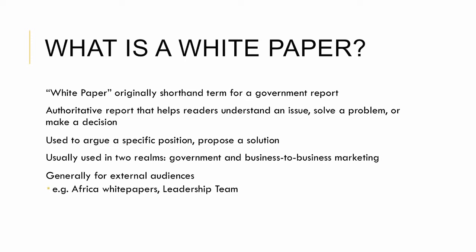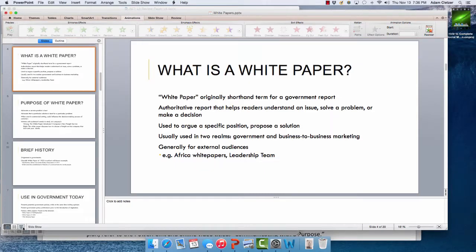So they wrote about I think irrigation systems and which one was best, and then with the goal of then distributing that information to golf courses to help them make that decision about which one do they put in. Generally for external audiences, you generally wouldn't write a white paper for people within your business because they probably already know that information. And so I have some examples here that I can show you.